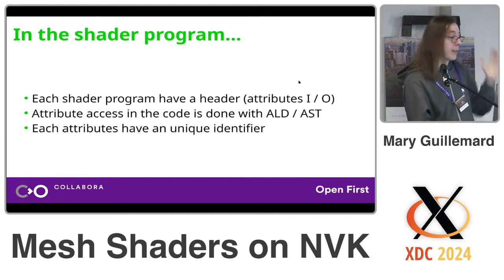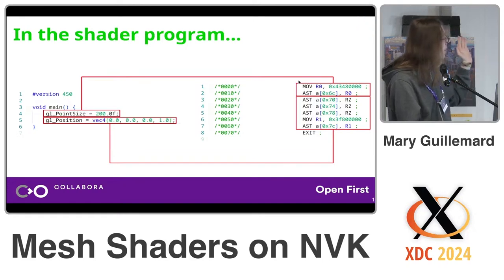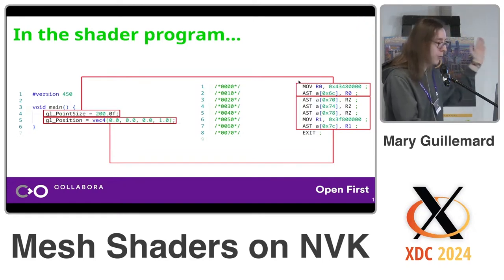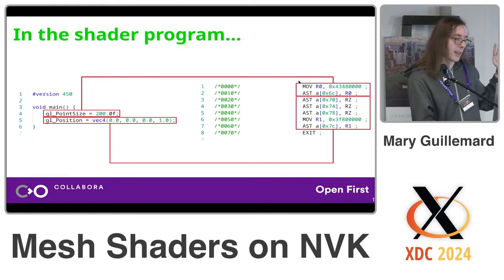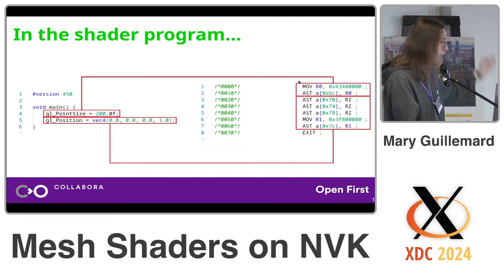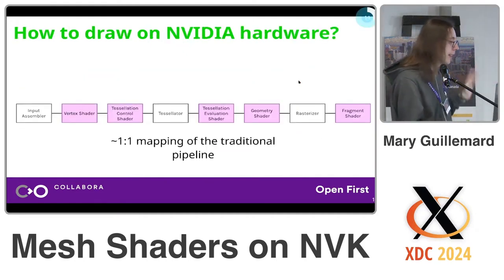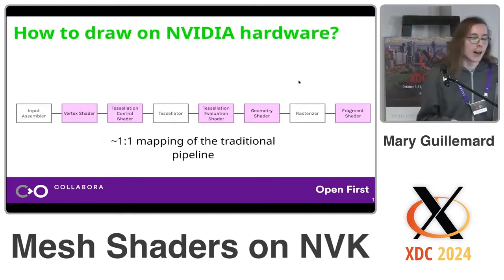So if we take a simple vertex shader, for example, here the point size will be at 6C with the AST store, and then the position will be after that. It's quite simple. It's quite elegant, I would say, and it maps to the traditional way of doing the graphics pipeline. So it's kind of nice.